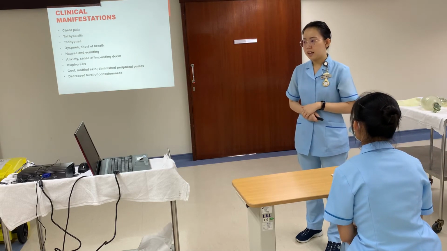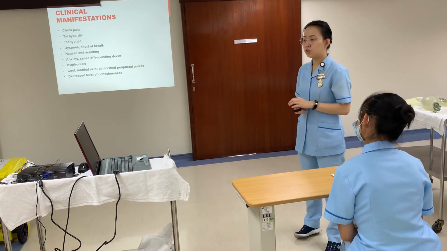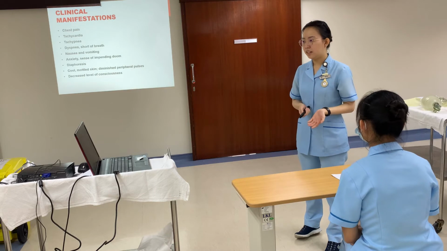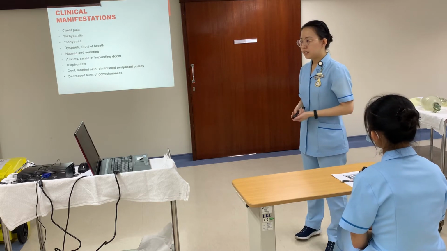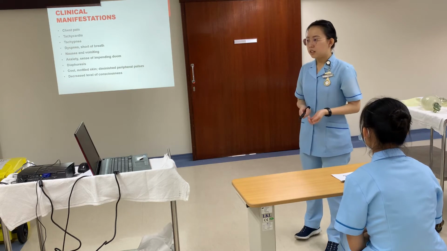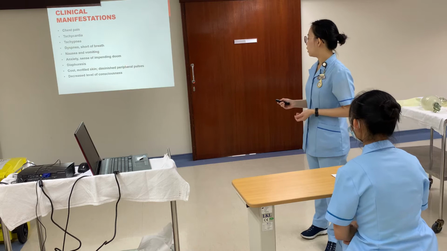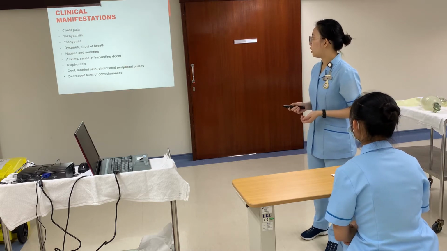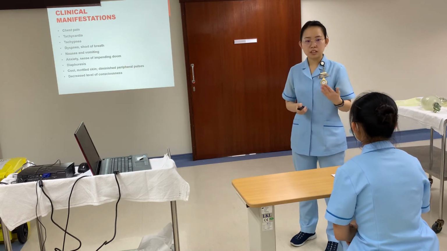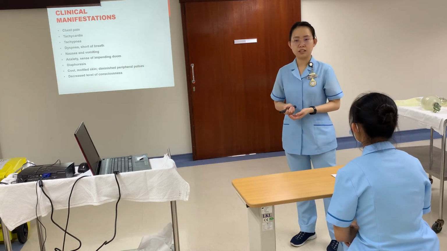Also nausea, vomiting, and anxiety because of a sense of impending doom, meaning they are scared they will die in MI. Diaphoresis means sweating, cold sweat, cool and moist skin, diminished peripheral pulse. In more severe cases, the patient may have a decreased level of consciousness.